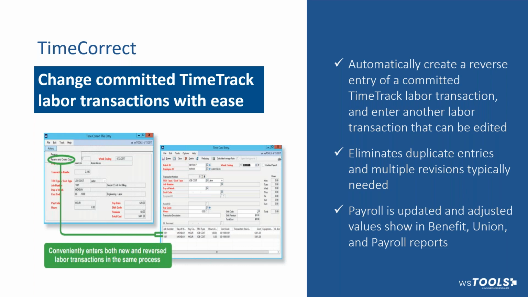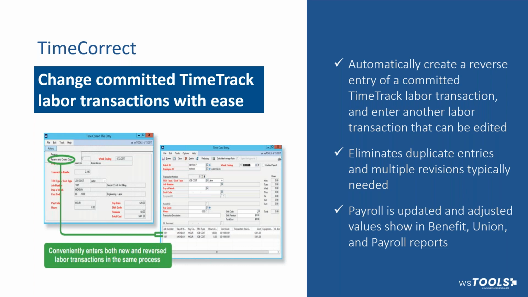So what Time Correct allows you to do is go in and pull up that historical transaction that you've committed in TimeTrack inquiry. And then it gives you the ability to say, do I want to just reverse that transaction? And it'll automatically make a reversal entry for you. Or do you want to reverse and make a copy of it?